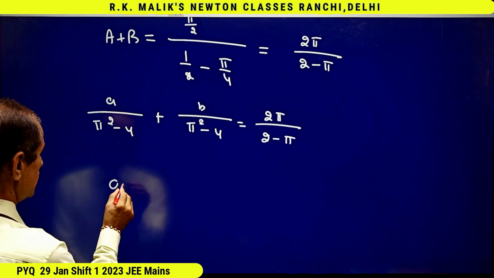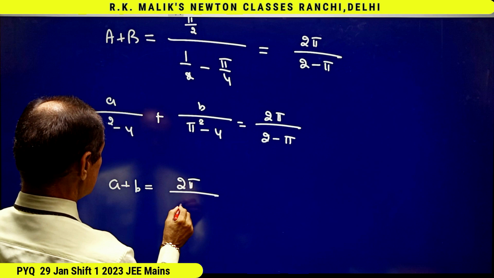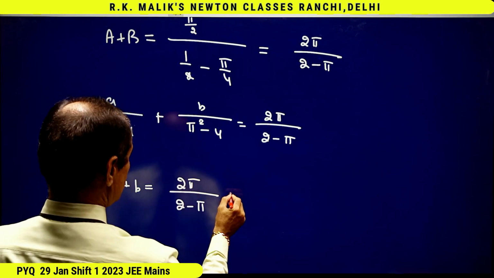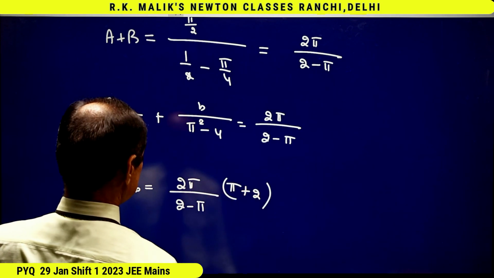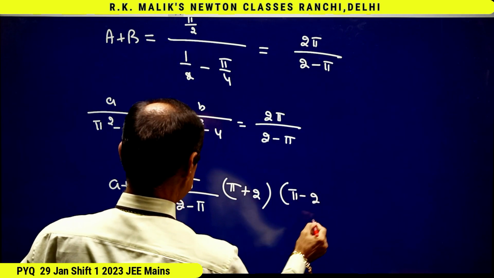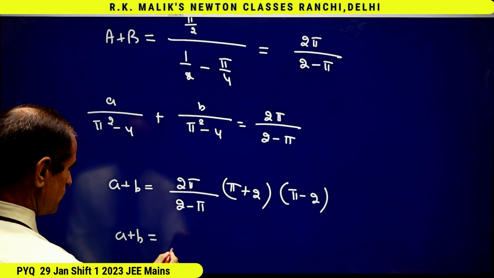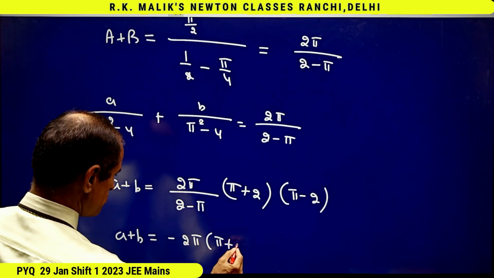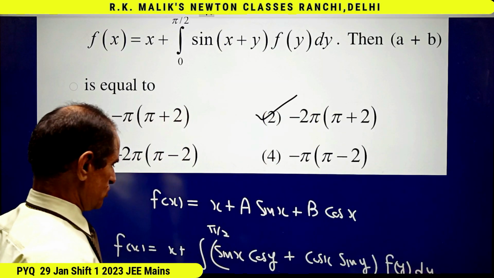That is, I get a plus b is equal to 2 pi upon 2 minus pi into pi plus 2 into pi minus 2. That is a plus b, I get minus 2 pi into pi plus 2. Hence, I can say second choice is the correct choice.